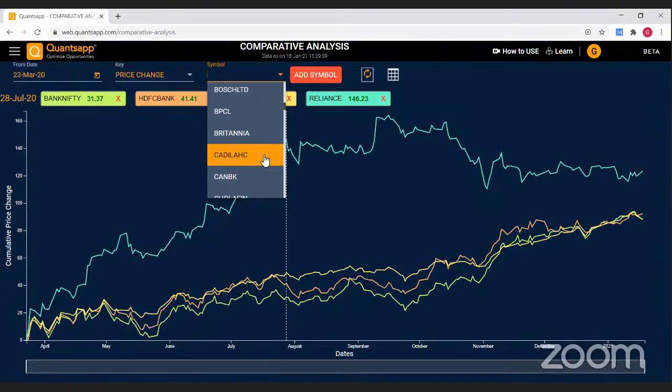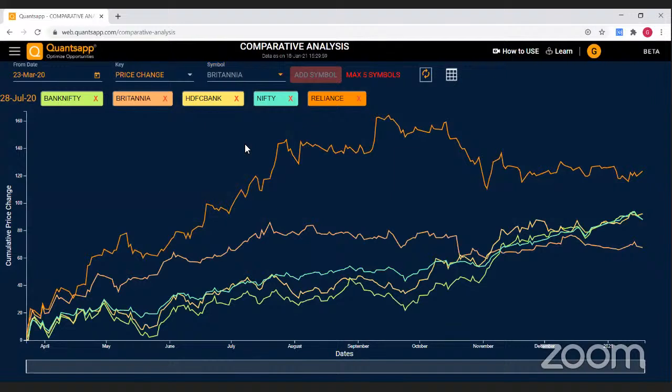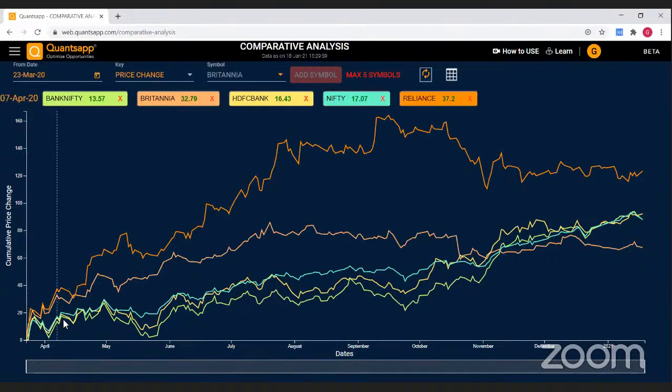We'll take, let's say Britannia, that's an FMCG company. So here we can add a maximum of 5 stocks. So now these are my 5 stocks and I'm comparing since 23 March. So I can say how it has moved over a period of time, roughly up to this point. Yeah.